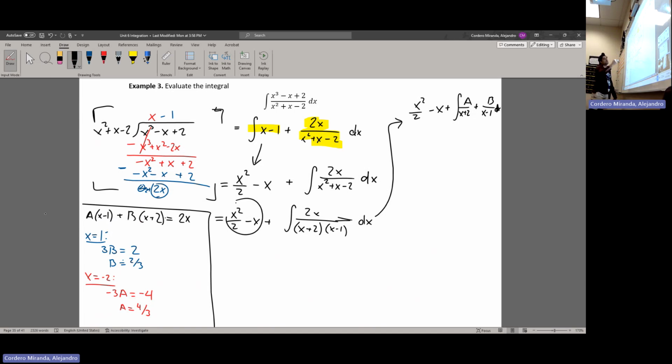Okay. Go back and rewrite your integral. Let me do it down here where there's a lot of horizontal room. My previous result is equal to x squared over 2 minus x plus integral of, A was 4/3, so let me put that outside. 4/3 integral of 1 over x plus 2 dx.